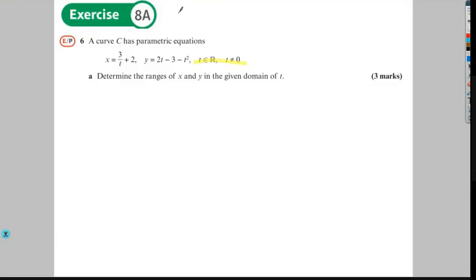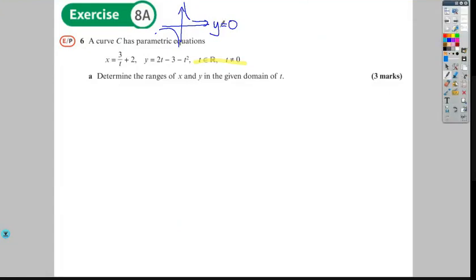So let's pay attention to this curve closely. 3 over t is a reciprocal graph, and since this number is positive, we know that this graph of 3 over t will have a shape that looks like this, with a horizontal asymptote of y equals 0.